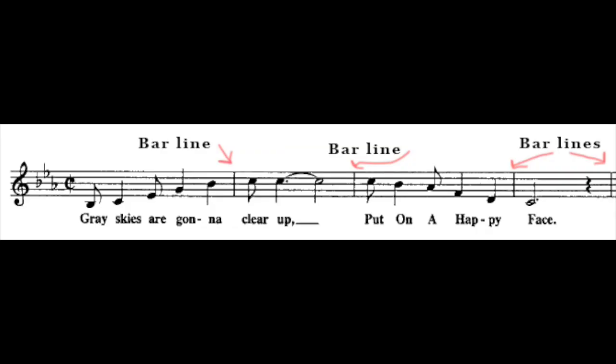Now we use a sign called the bar line. And the bar line on that staff has 2 functions. It begins and ends what we call a measure. And inside the bar lines, you will put information, a collection of things, notes, rests, which are really important.